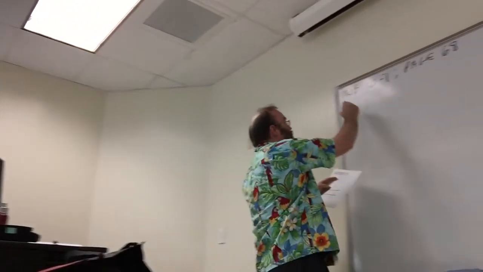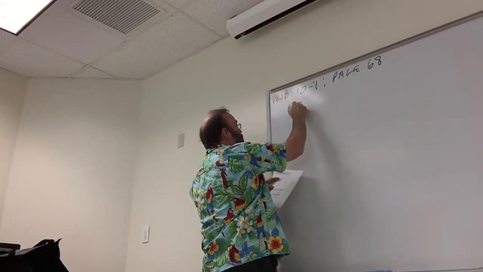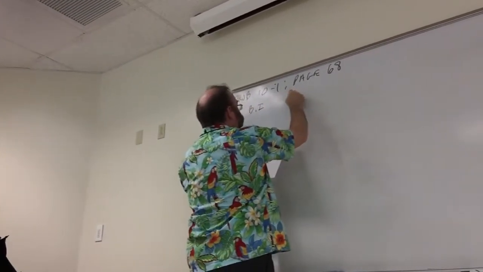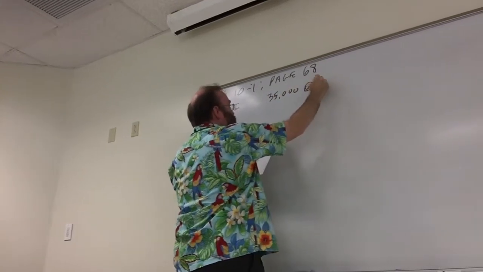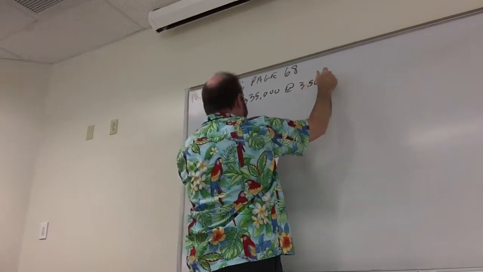All right, whenever you're solving these types of problems under periodic, you want to just create a table of the total number of units and their total cost. So we started with beginning inventory of 35,000 that cost us $3.50.